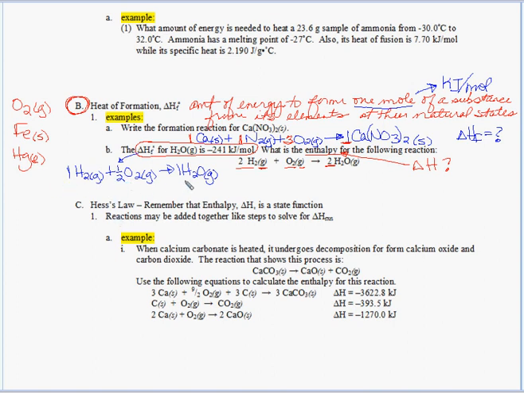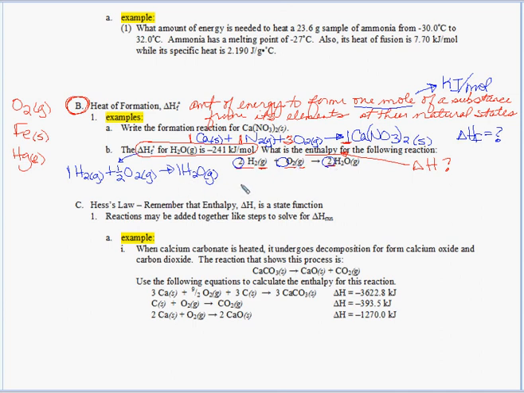So the amount of energy for this reaction to occur is negative 241 kilojoules. If we compare this reaction to the one we were given, notice what we have. The one we're given is just double. Our coefficients, instead of being 1 and 1/2 and 1, are 2 and 1 and 2.